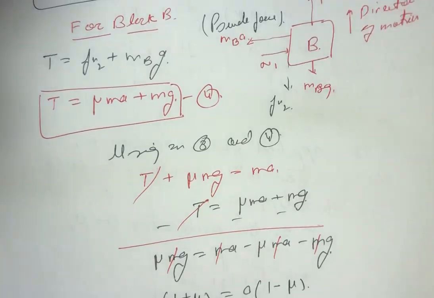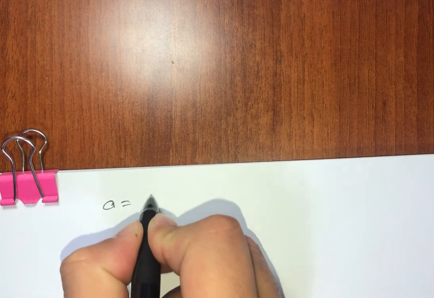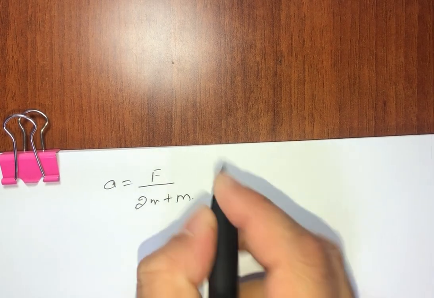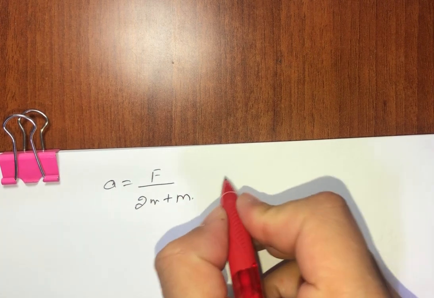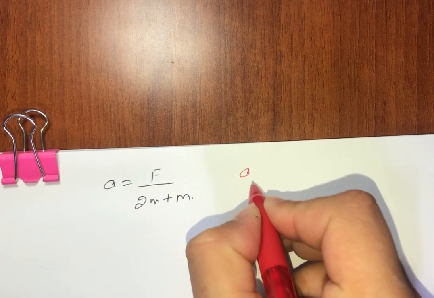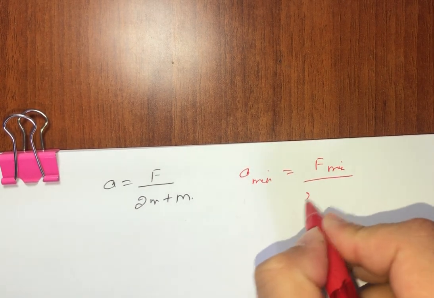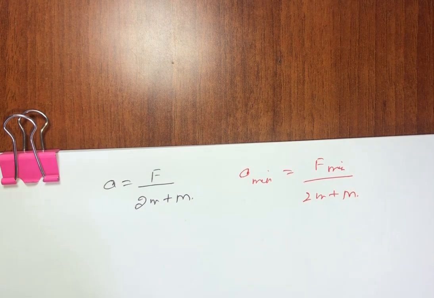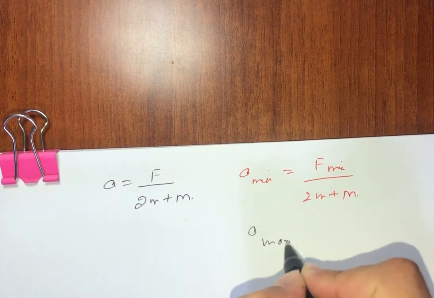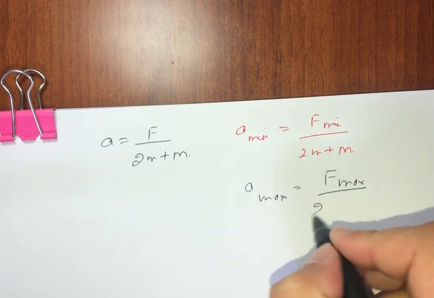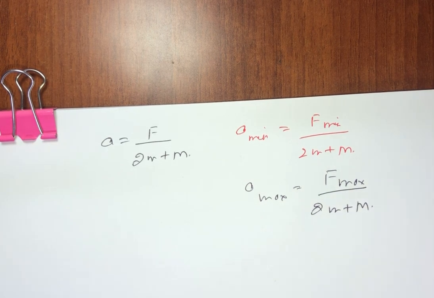And we already know the relationship between the acceleration and the force. We know that acceleration is equal to F upon (2m plus capital M). So here we can say that for minimum acceleration, the force will be minimum, given by F minimum divided by (2m plus capital M), and for maximum we get F maximum divided by (2m plus capital M).